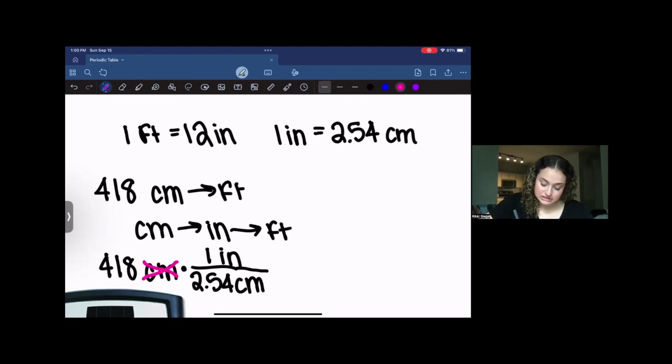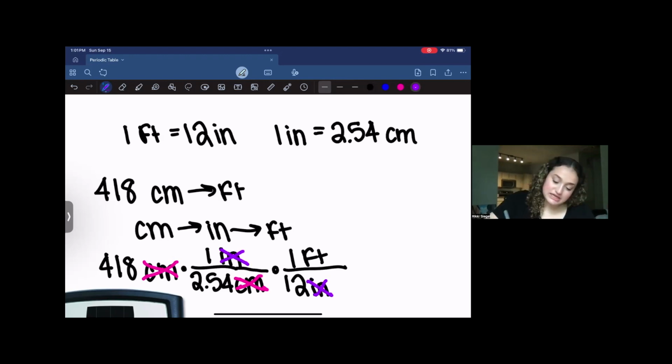Here, centimeters cancels with centimeters. We are left with inches. We're going to multiply this by our other conversion factor, but now we want to cancel out inches and we want to be left with feet, which is our final desired units. So we are going to put inches in our denominator and feet in our numerator. And inches will cancel out with inches and we will be left with feet.